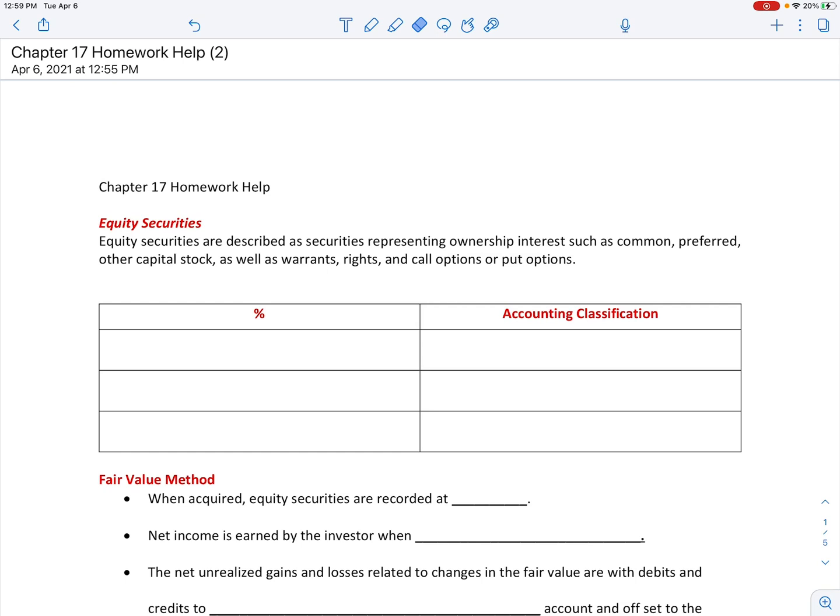The degree to which one corporation, who we call the investor, acquires the interest in the common stock of another corporation, which we call the investee, determines the accounting treatment for how we record this investment. So if the investor acquires less than 20%, we account for this under the fair value method.